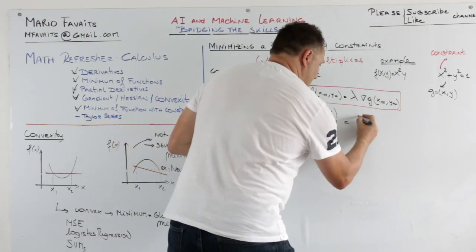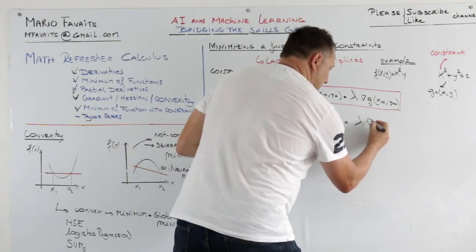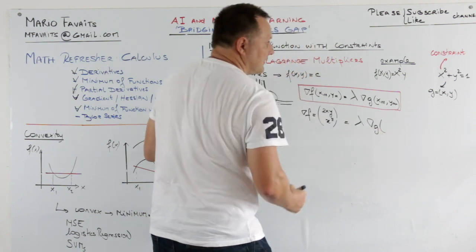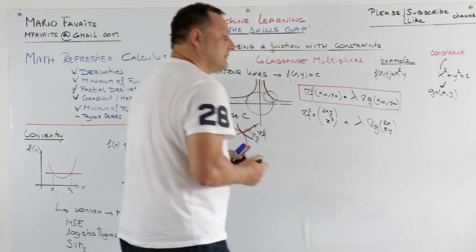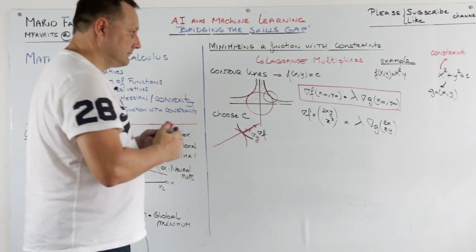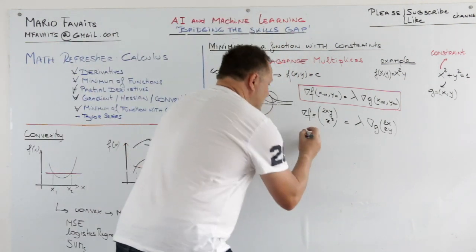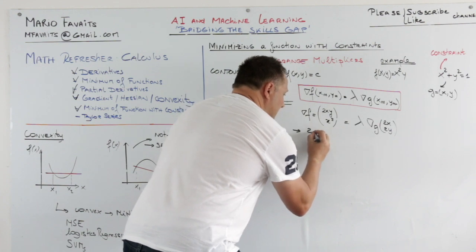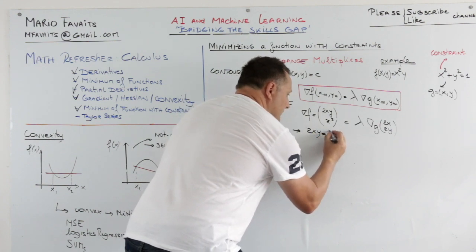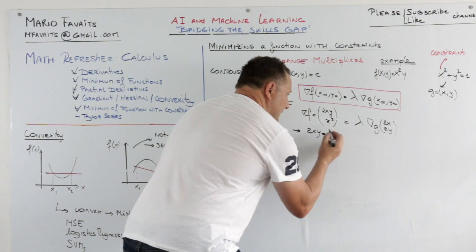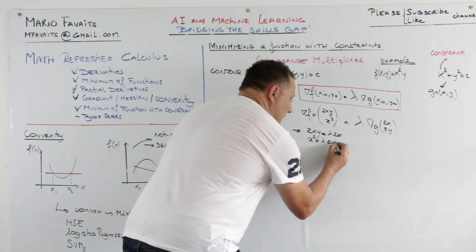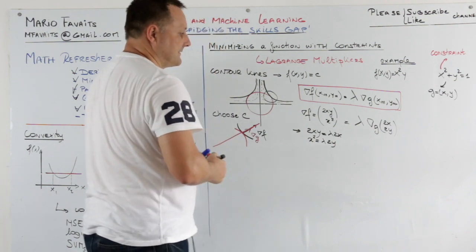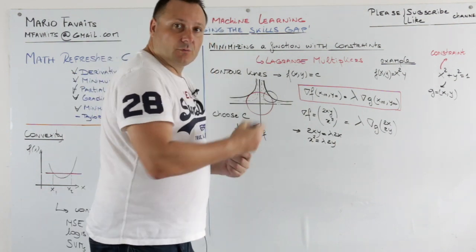The gradient of g equals, well, it's 2x and 2y. This is our vector. So that gives us a set of equations: 2xy equals lambda times 2x, and x squared equals lambda times 2y. Now, two equations, but we have three unknowns, so that's a problem.